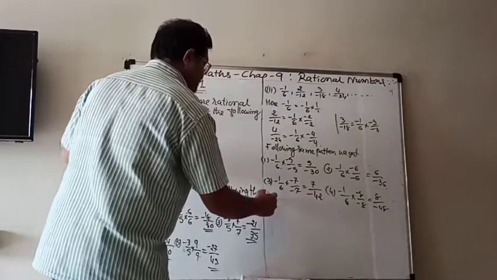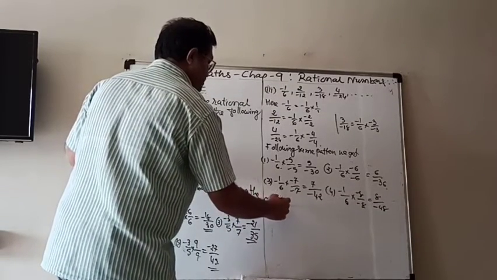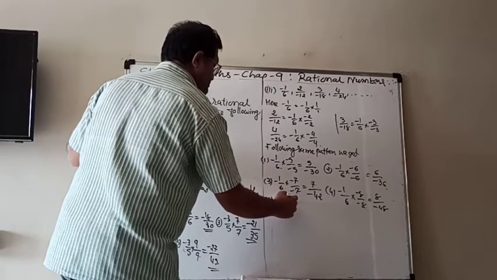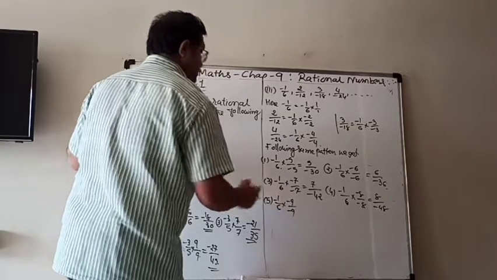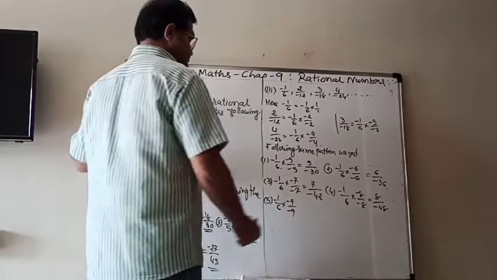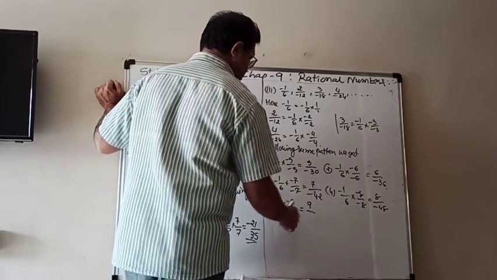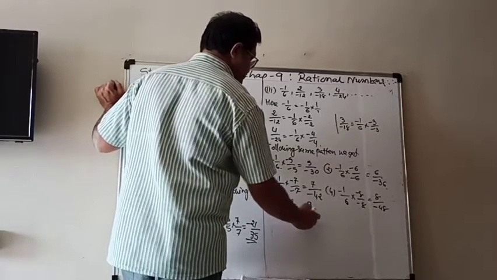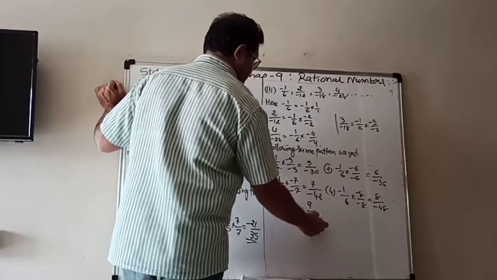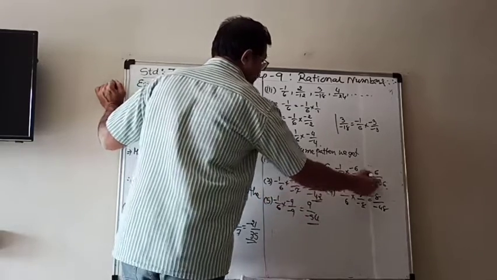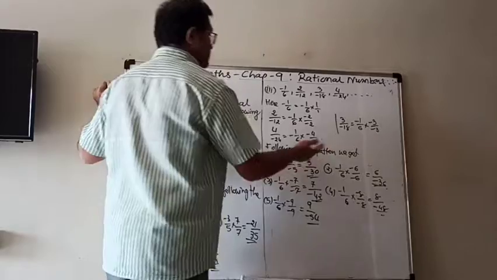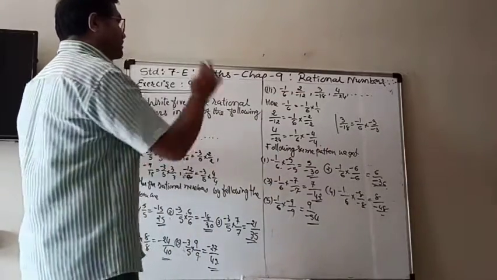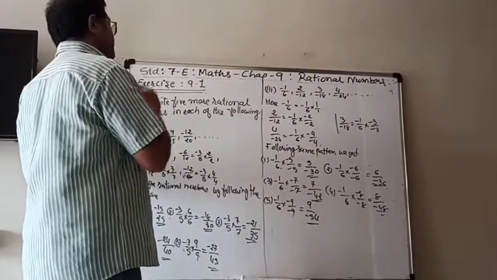And fifth one, minus 1 upon 6 multiplied by minus 9 upon minus 9, that is 9 upon 6 9s are 54, so minus 54. So these are the 5 more rational numbers in the series following the same pattern.